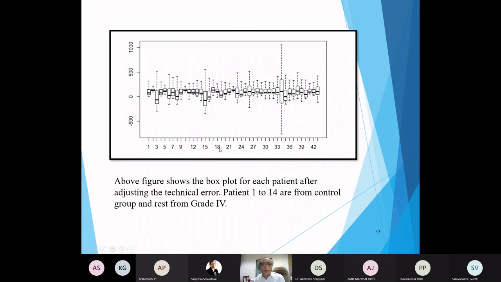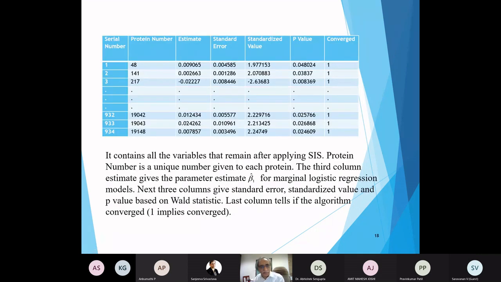By and large, this is okay. Now, what is this? The first column is just the serial number 1, 2, 3, 4, 5, 6, going up to 934, and these are protein numbers.